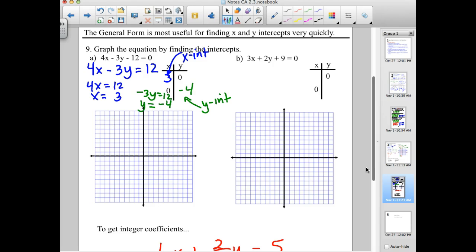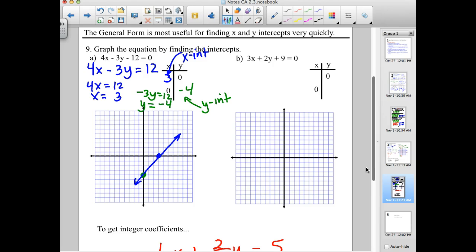Graphing those points. (0, negative 4) is our y-intercept, and (3, 0) is our x-intercept. And then it's just a matter of drawing a line through. Typically, if I'm asking you to plot points and draw a line, I would want 3 points. This would be the one exception. If you have the 2 intercepts, I'm okay with that being the only 2 points you use.